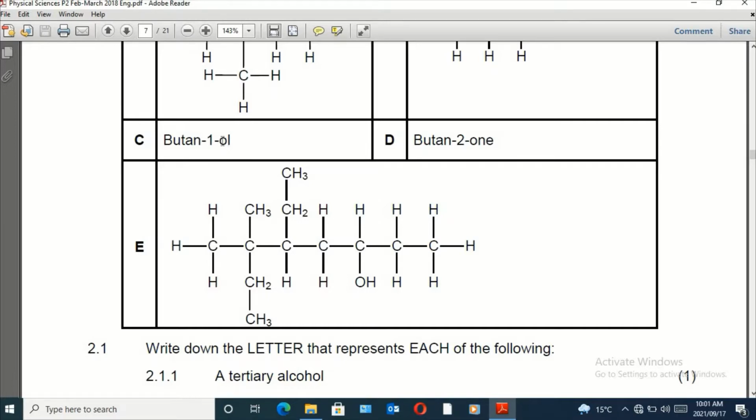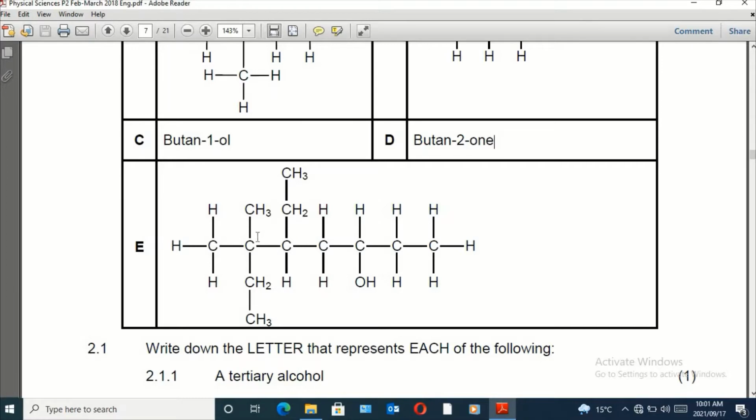So this is how we know that this is an alcohol. And then compound D is a ketone. How do we know that? Again, looking at the suffix, the -one suffix tells us that this belongs to ketones. So it is a ketone.